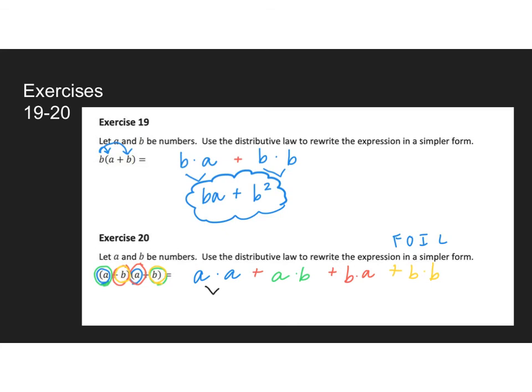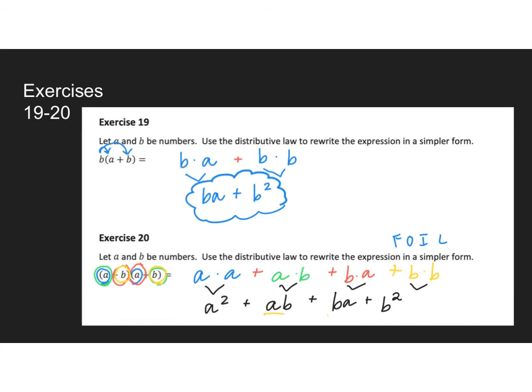All right, A times A is the same as saying A squared. A times B is the same as saying AB. B times A, that's the same as saying BA. And then B times B is the same as saying B squared. Okay? There is an additional step we can do here.